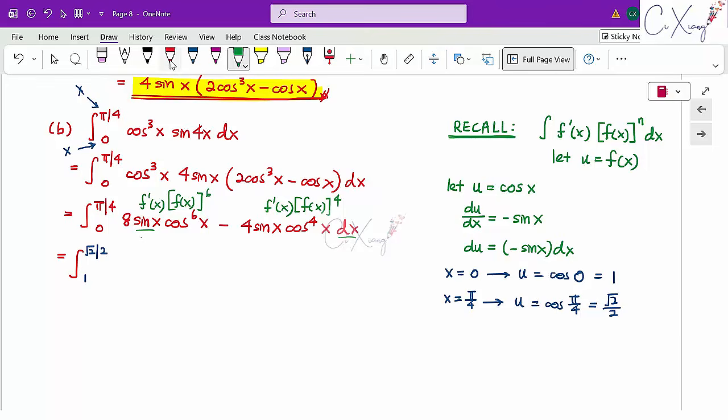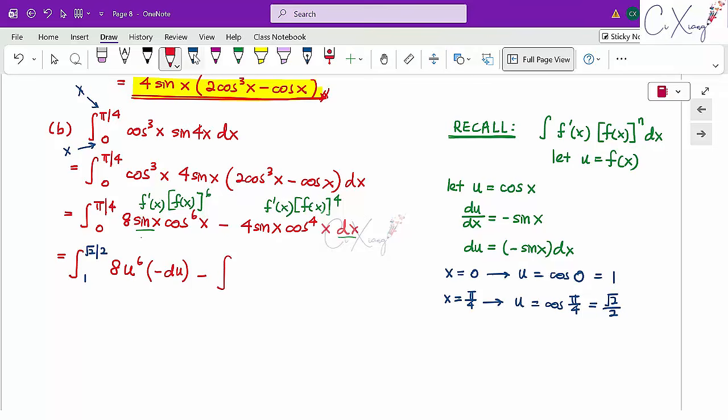So when I want to replace this, I will have 8, then cos becomes u, so I have u power 6. Then the sine x dx will become negative du. Then this term is originally minus, so you also copy the minus first.